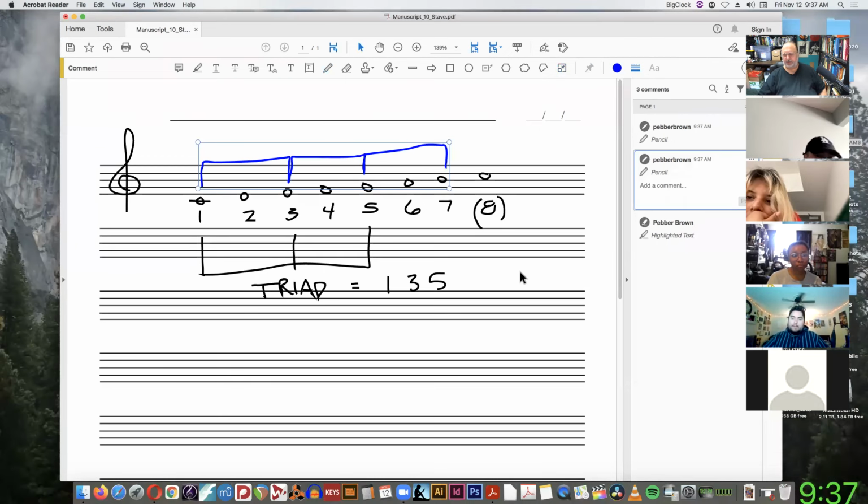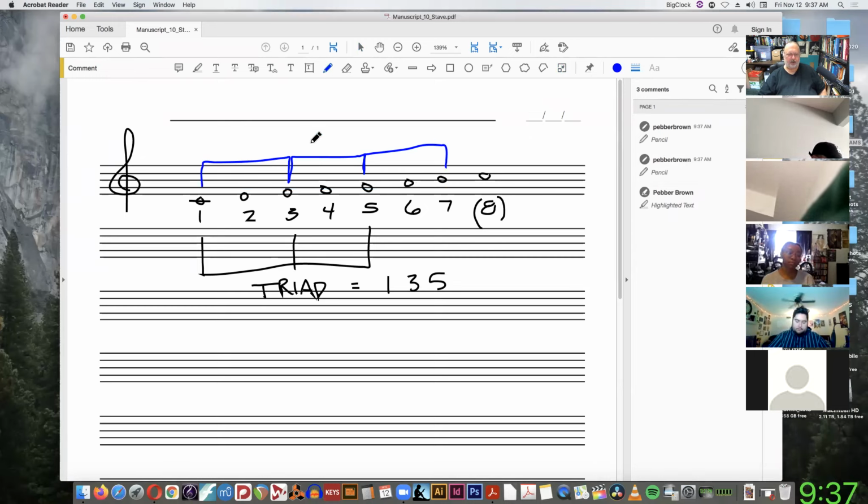Does that make logical sense to you guys? Okay, so there's a 4-part chord. That's a 7th chord. All right, so that's 1, 3, 5, 7.